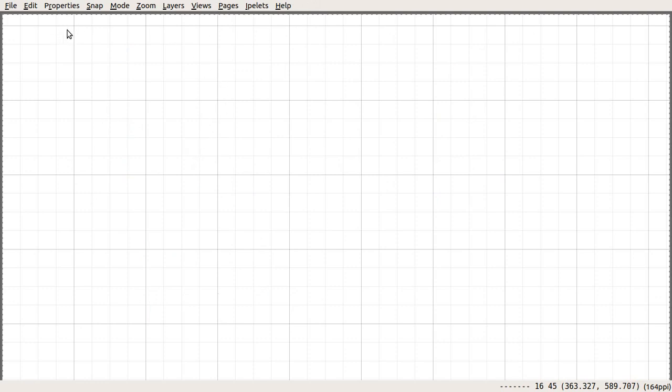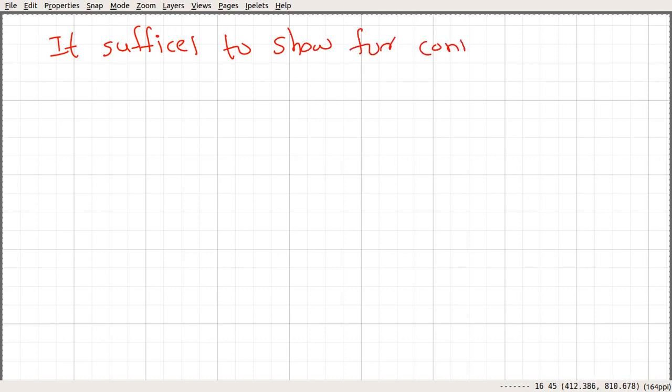So it suffices to show it for connected graphs. If the graph is connected, then consider one component at a time and proceed as said in the previous slide.